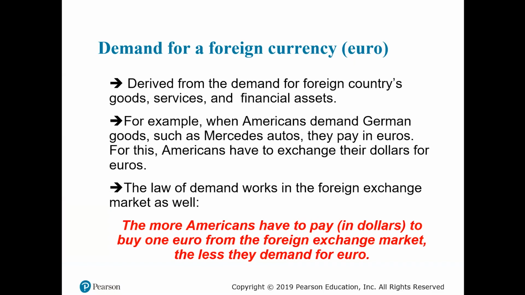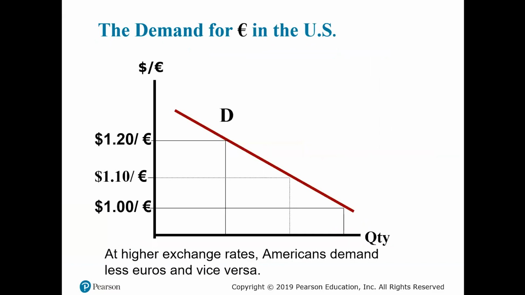Now, the law of demand, downward sloping demand, which you learned in your principles of economics class, also applies in the foreign exchange market. The more Americans have to pay in US dollars to buy 1 euro from the foreign exchange market, the less they demand euro. Like any other normal good, the law of demand works in the foreign exchange market, and it has a downward sloping demand curve.